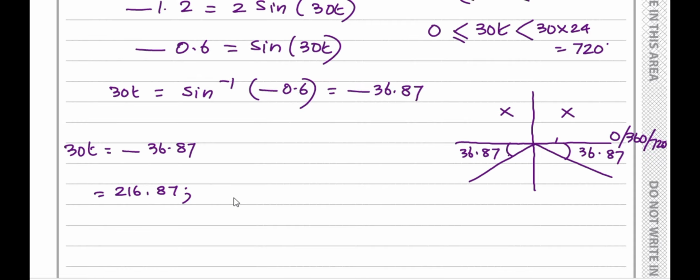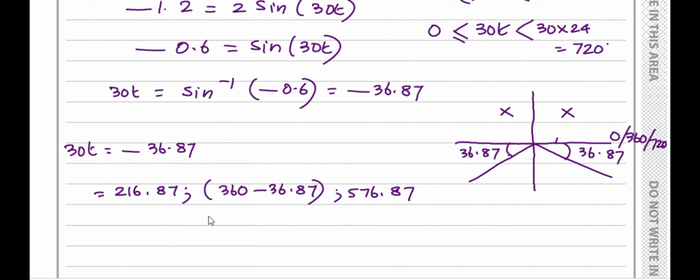The second one is 360 minus 36.87, and the next one will be, this is 540, right? 540 plus 36.87 is 576.87. Okay, let's stop there and we will go further if required.